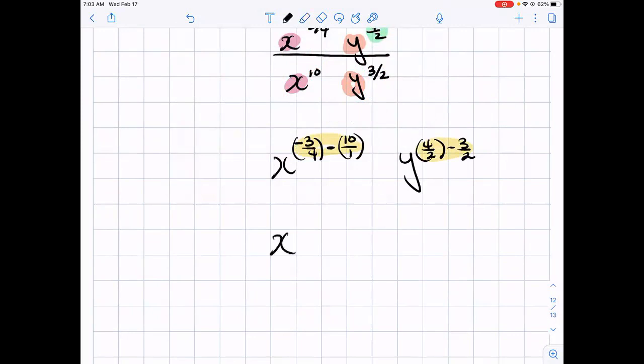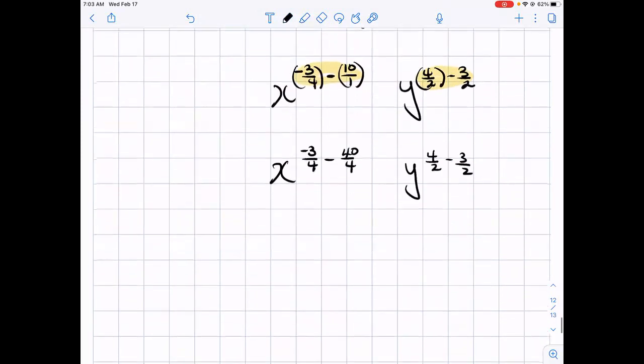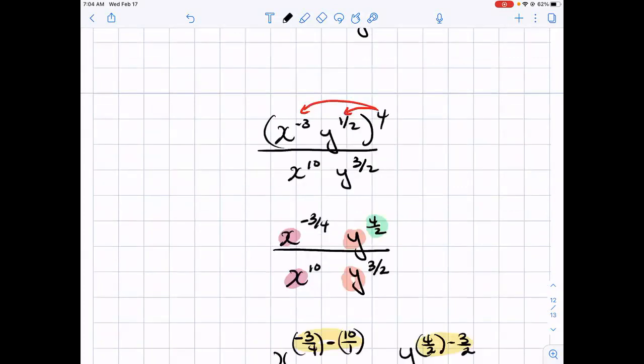So we have x, the common denominator is 4. So this is a -3. And then this becomes 40. And then with the y, common denominator we already have. So it's 4 over 2 minus 3 over 2. So this becomes x, and we combine the power here.